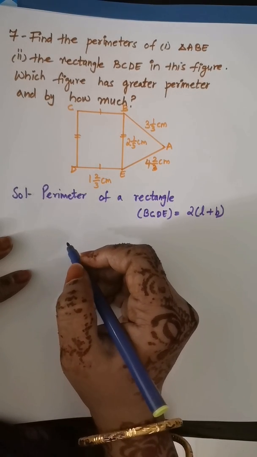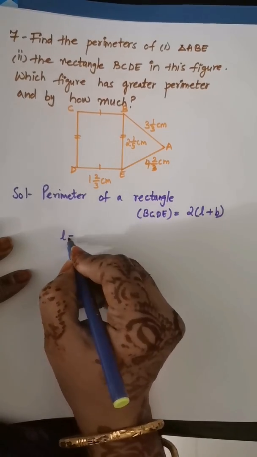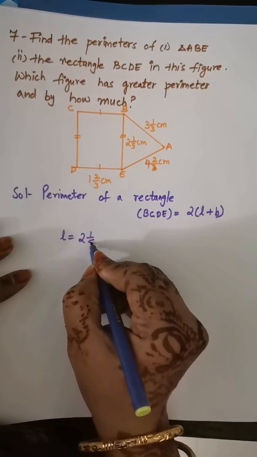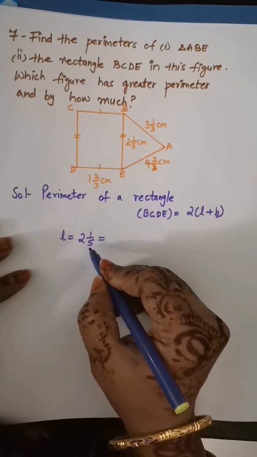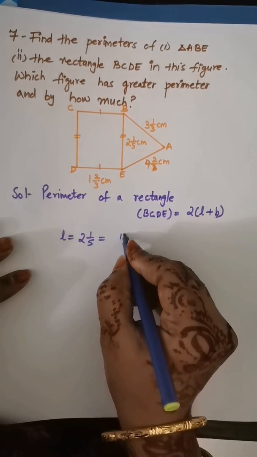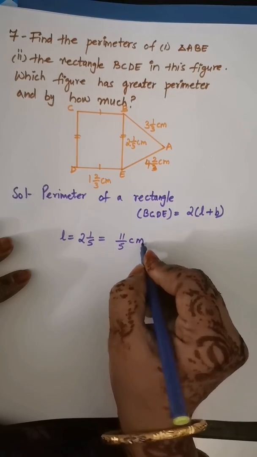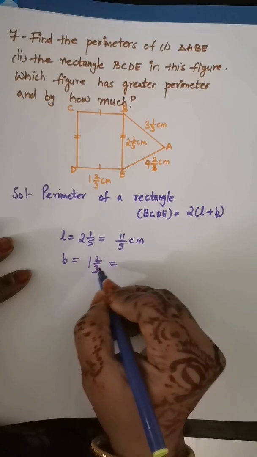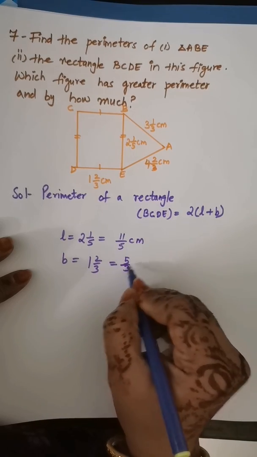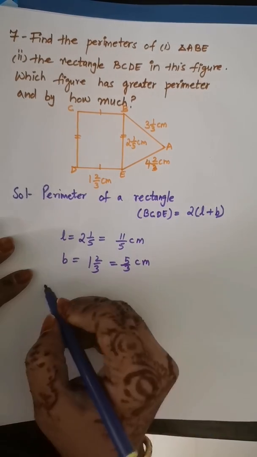Okay, so length is 2 1 by 5. We'll convert it into improper fraction. 2 5s are 10, 10 plus 1, 11 by 5 centimeter is the length. Breadth is 1 2 by 3. 1 3s are 3, 3 plus 2, 5 by 3 centimeter is the breadth.